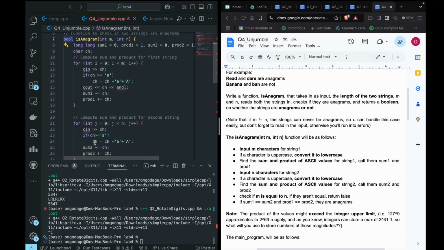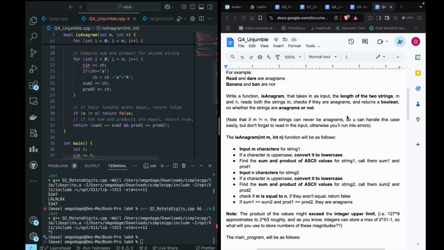So you return a bool based on whether they are anagrams or not. Okay, and if m is not equal to n, which means the number of letters are not the same, they can never be anagrams, because if the number of letters are not the same, then you cannot shift the letters to make the other word, right? You'll need the same number of letters at least.